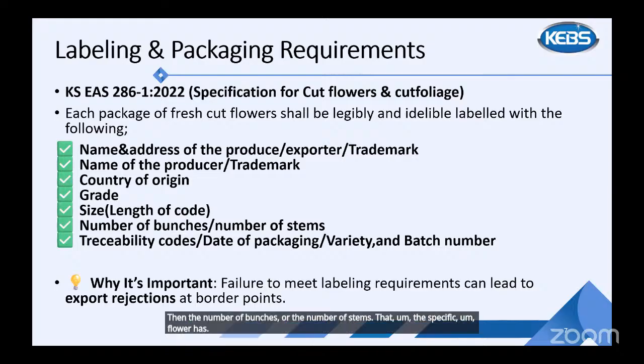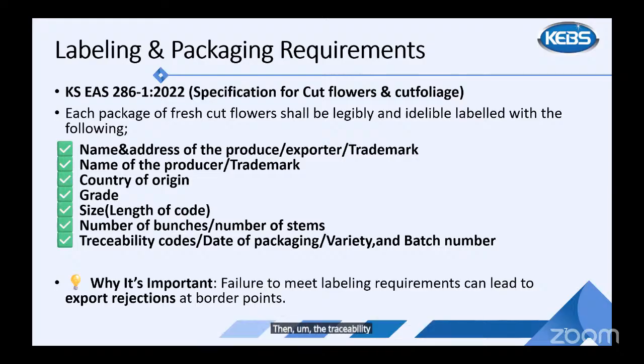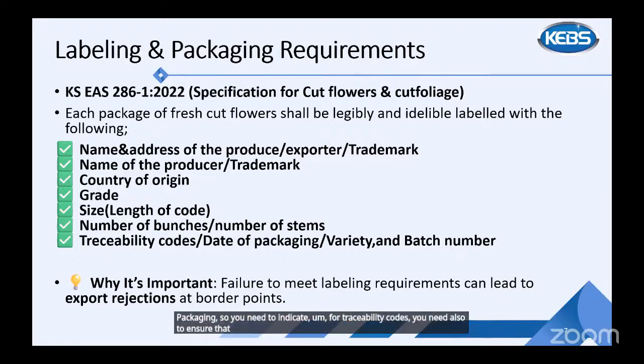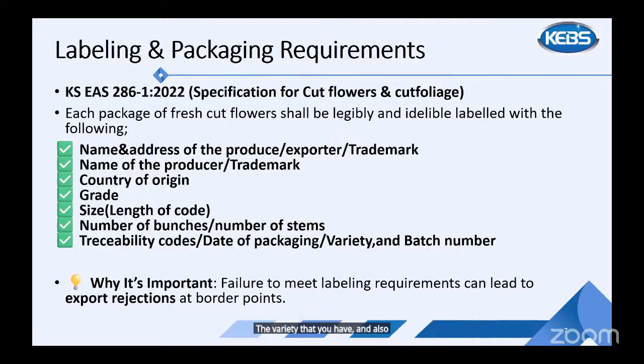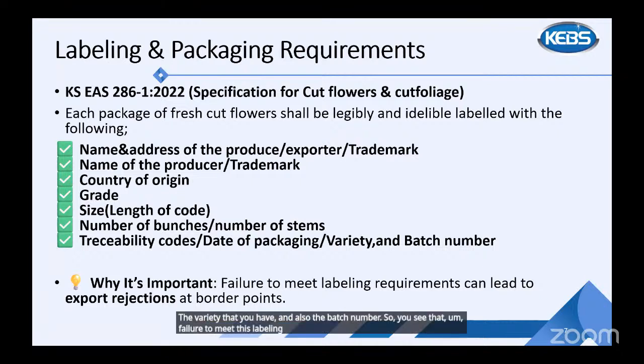Then the traceability, because traceability is really key when it comes to packaging. For traceability codes, you need to ensure that it has the date of packaging, the variety that you have, and also the batch number. So you see that failure to meet these labeling requirements can lead to export rejection at the border points.